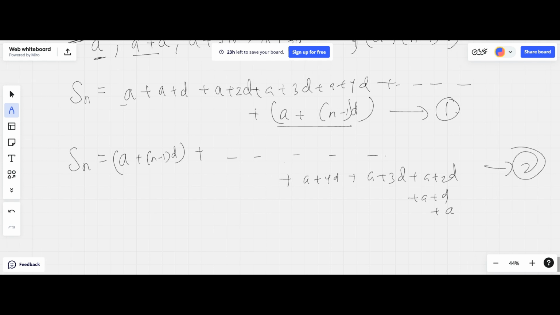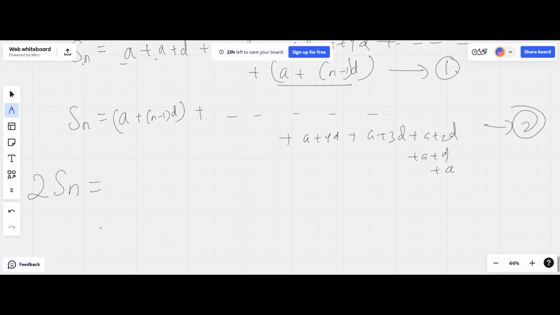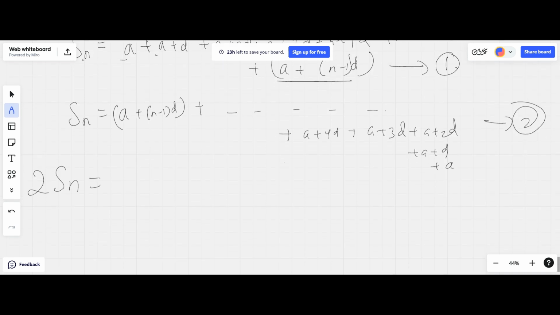Add equation number 1 plus 2. These are the same thing, but written in the reverse order. So if you add Sn plus Sn, it means 2Sn.